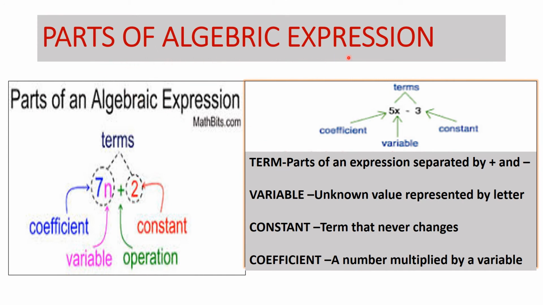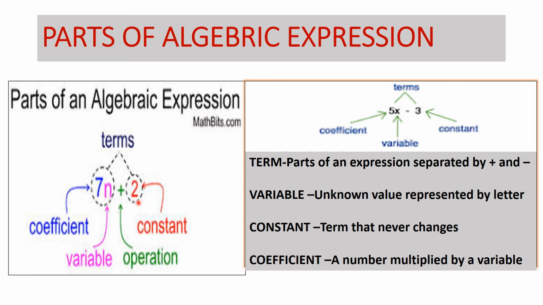Parts of algebraic expressions. Now here you see an example shown, 7n plus 2. These are the terms in an expression. They are separated by an operation, right? Terms are always separated by addition or subtraction. So this is one term and this is another term.